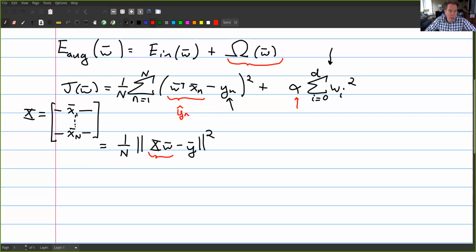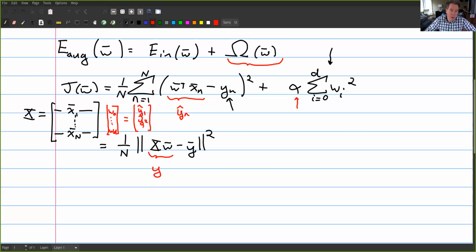If you take this matrix and you take its product with W, then what are you going to get? You're going to get a vector of predictions, which we could just call y hat. So this dot product gives you the initial prediction, which we could call y hat 1, and then you get y hat 2, etc., all the way down.